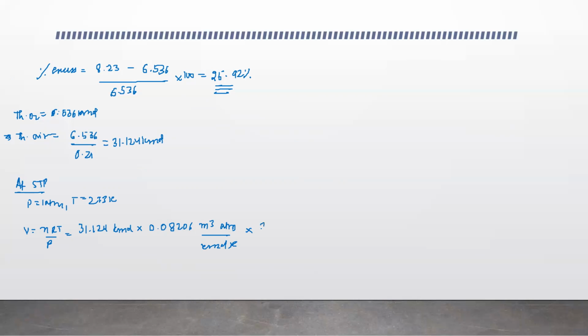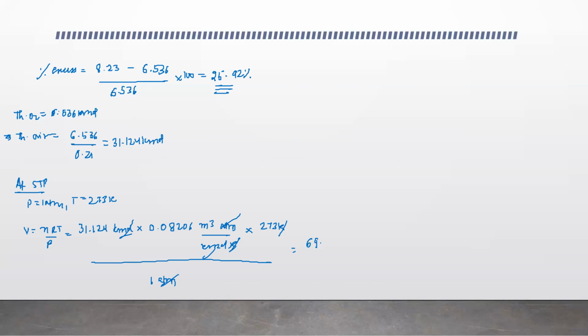Into temperature is 273 Kelvin, and we divide this by pressure, that is 1 atm. So you can see atm, kilomole, Kelvin get cancelled, so finally we'll get the theoretical volume of air that is required.